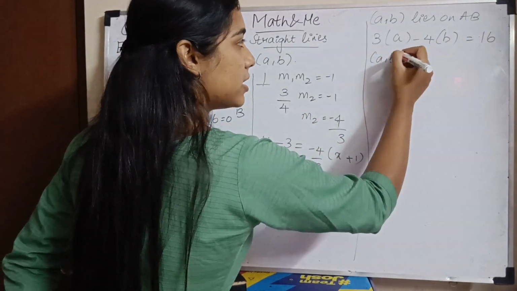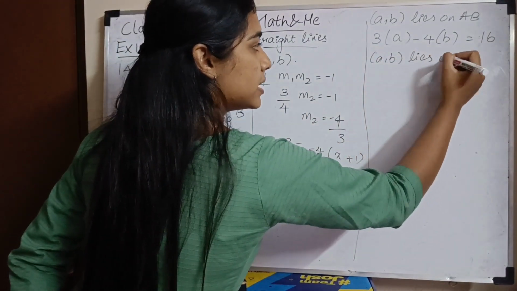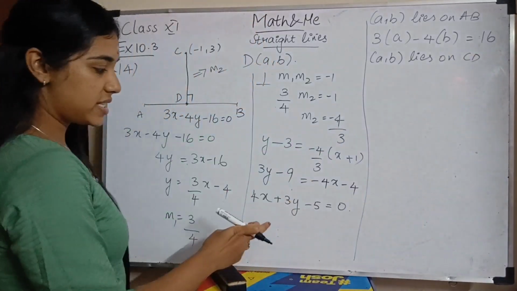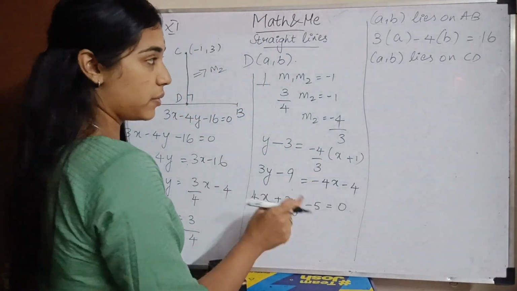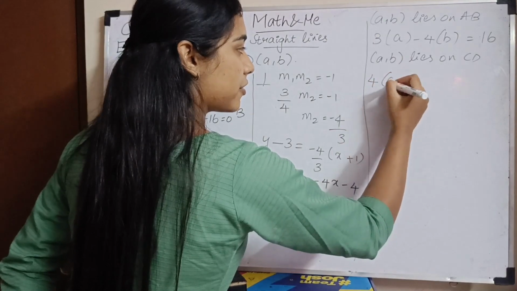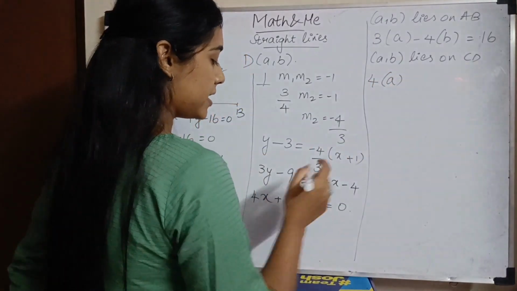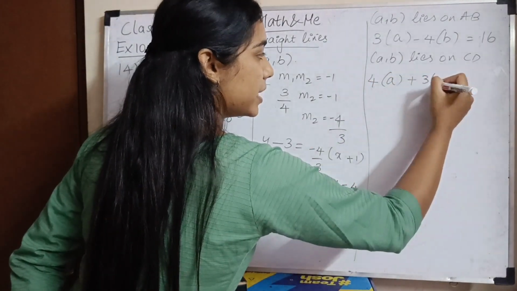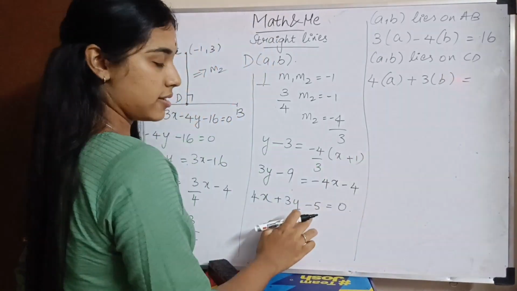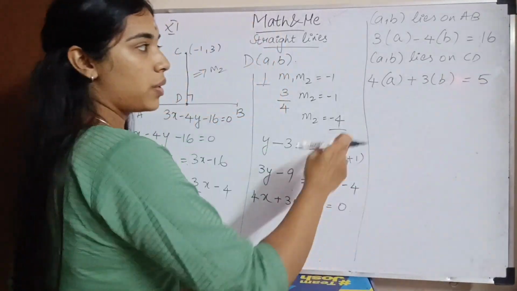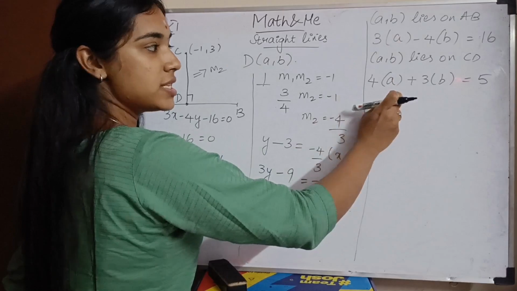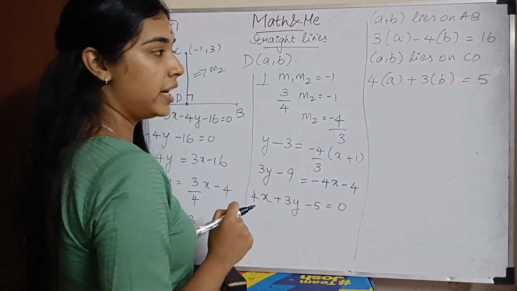A comma B lies on CD. So what is the equation of CD? 4x plus 3y minus 5. So 4 instead of x, I'm substituting A. Instead of y, I'm substituting B, equals 5. So now I have two equations and two unknowns. So I can find A and B.